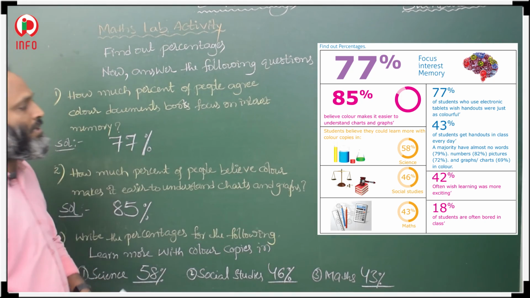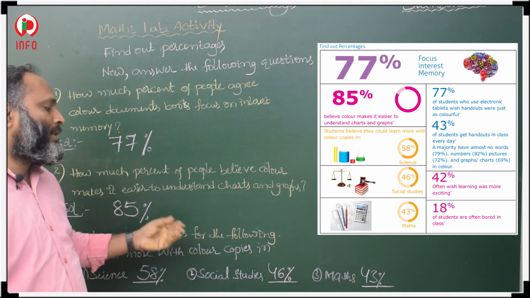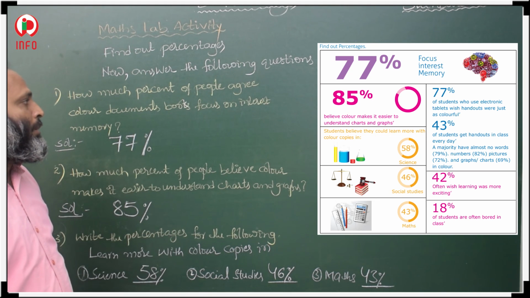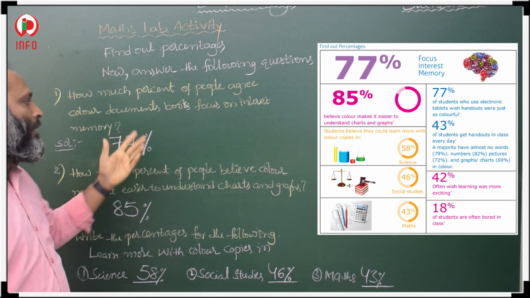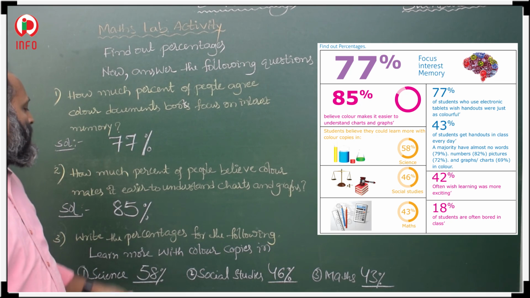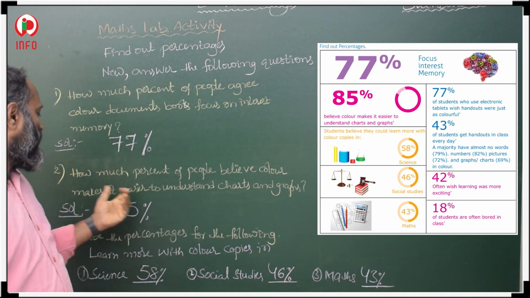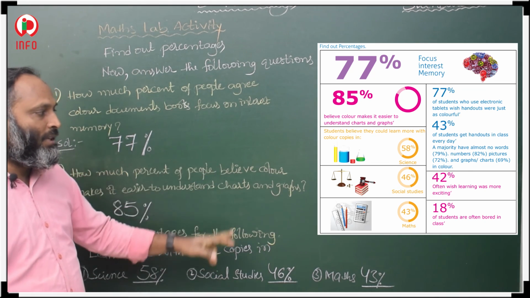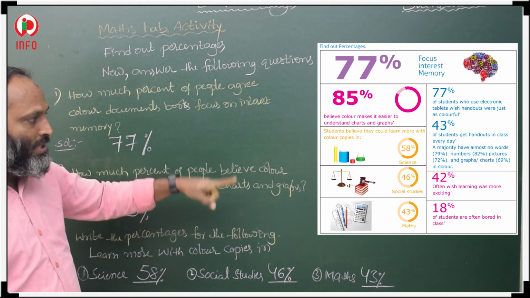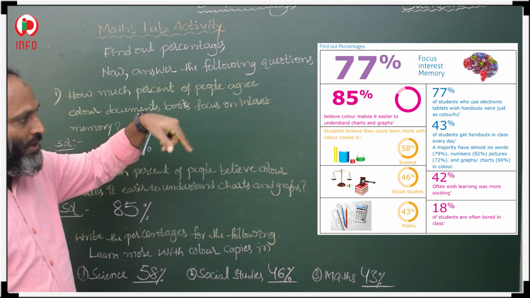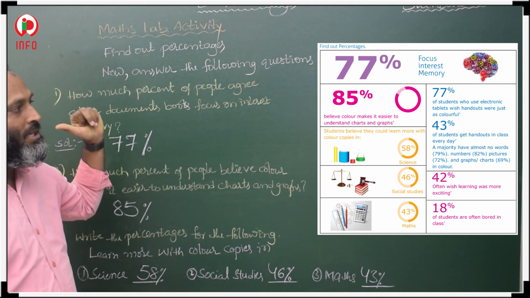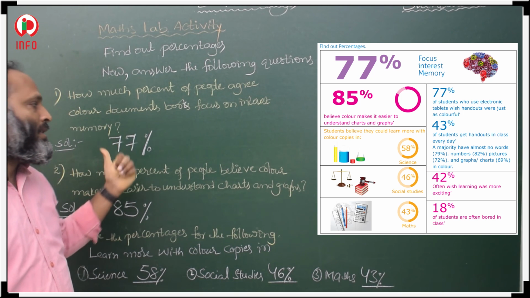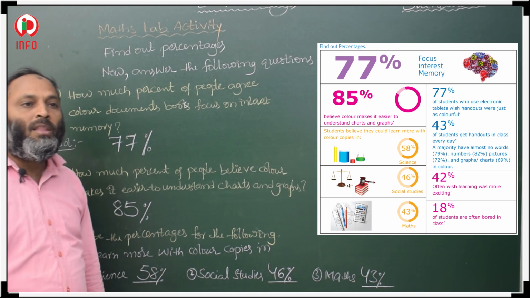First we have to understand the chart, how much percent is maths, science, social, and how many people agree that color documents are more effective and easier to understand, charts and graphs. First we read out the chart, then according to the question he is asking, we have to write that percentage. Okay, students.